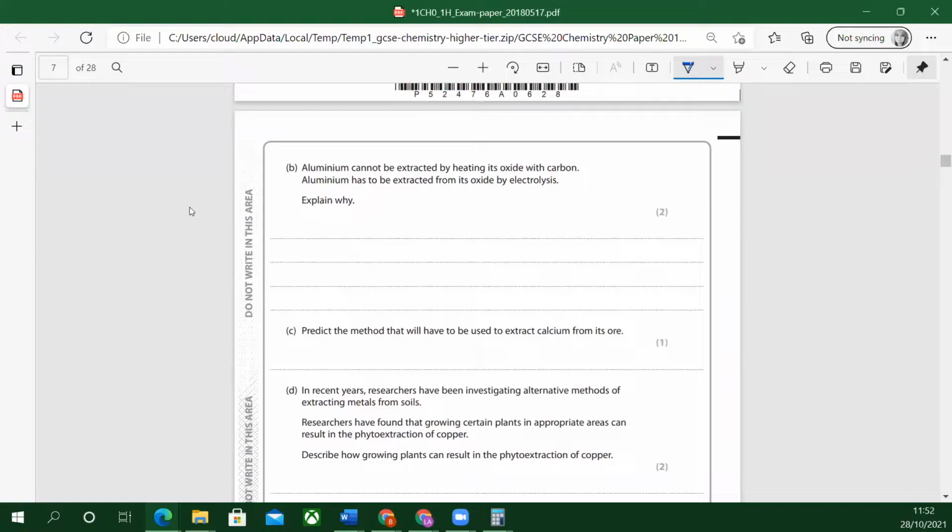So aluminium, okay, is more reactive. Okay, so aluminium, that's a funny word to spell, but it's up there in case you've forgotten, is more reactive than carbon.